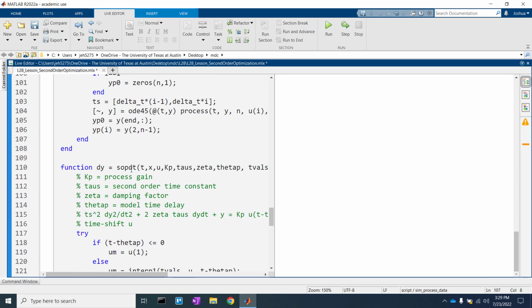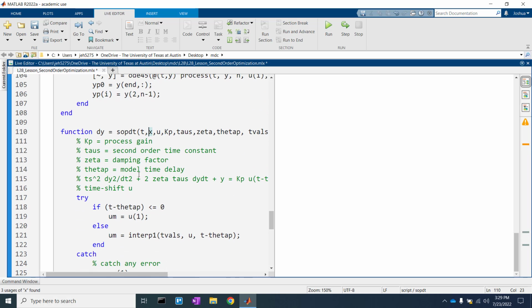And then our SOPDT system here takes t as an argument, x as all our integrated variables, so that's going to be the derivative and the second derivative, or so I should say, because our second order is integrated, the derivative is integrated to make our first order derivative, it's going to be our output y and the first order derivative.